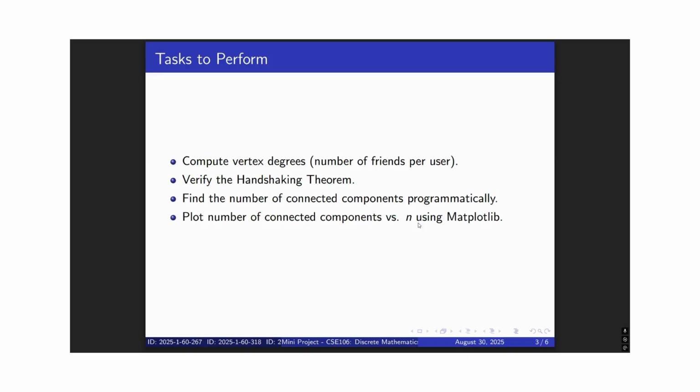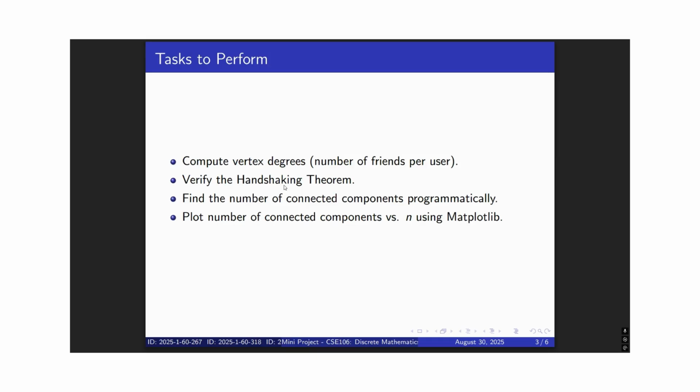Tasks to perform. For each generated graph, we had several tasks. Compute the degree of each vertex, essentially counting how many friends each user has. Use this to verify the handshaking theorem, a fundamental concept from graph theory.